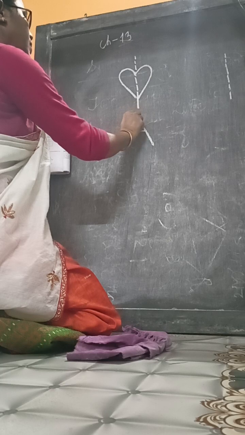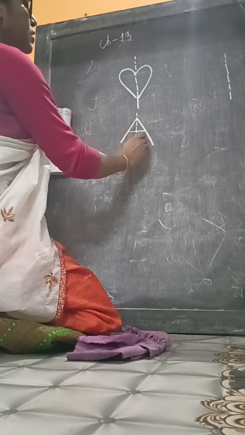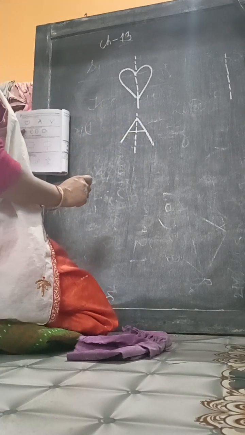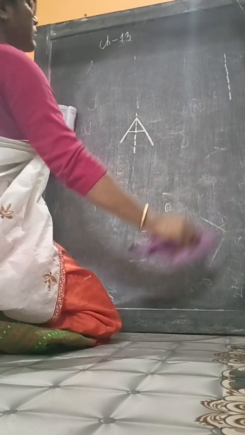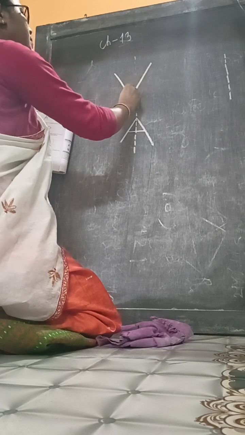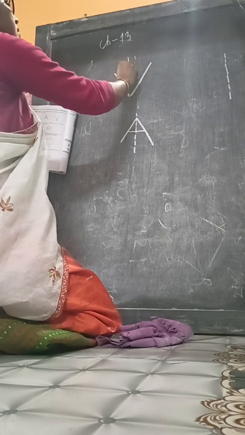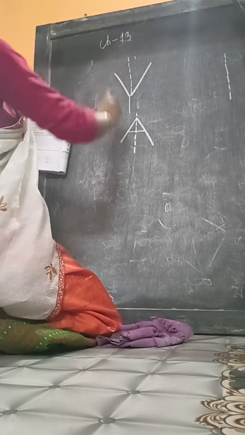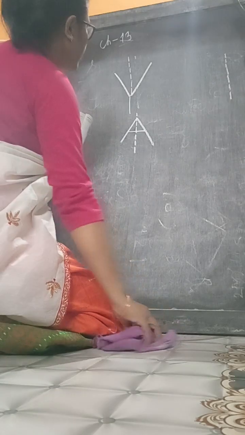Here we can draw a vertical line. Then this part will coincide with this part. Okay. And suppose this is another. Here also, this part coincides with this part. So it is a vertical line of symmetry.